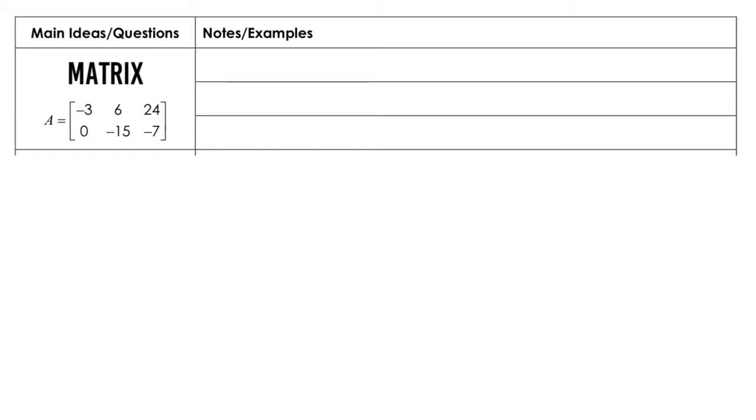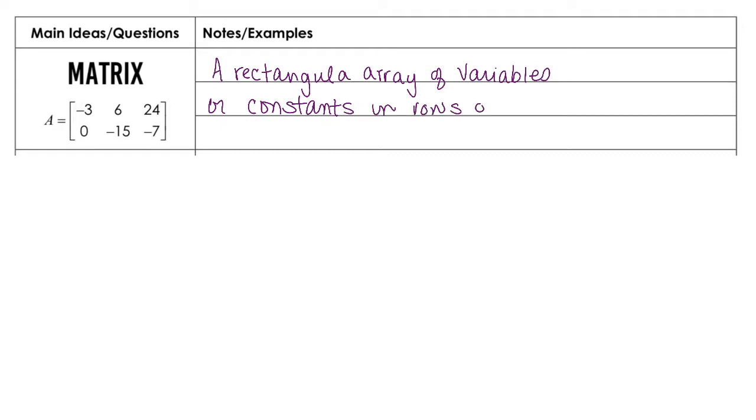The whole idea of a matrix is that it is a rectangular array of variables or constants in rows or columns, and you're usually enclosed by brackets.